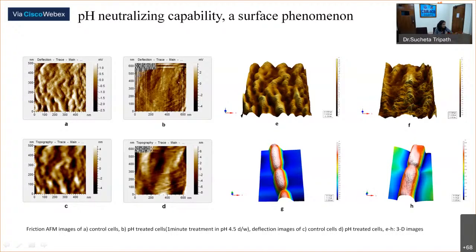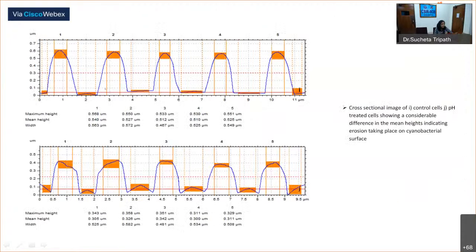There are some surface changes happening, as you can see here, and these are the three-dimensional structures. And we took it forward to see what is the height of the surface that is eroding on treatment with acid.